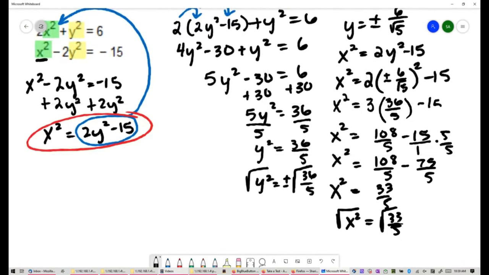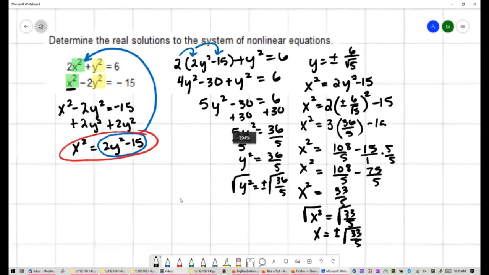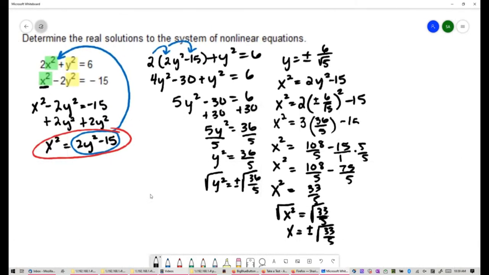And we get x equals plus and minus square root of 33 over 5. So remember, we started with a y coordinate of plus and minus 6 over square root of 5. We ended up with x coordinates of plus and minus square root of 33 over 5.